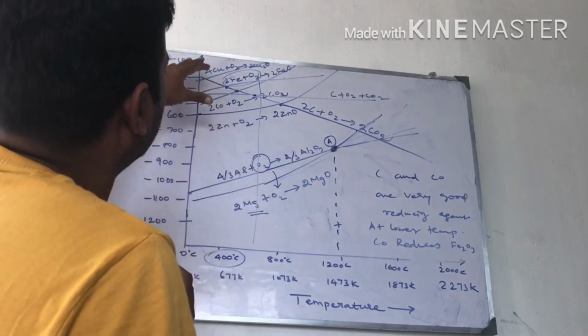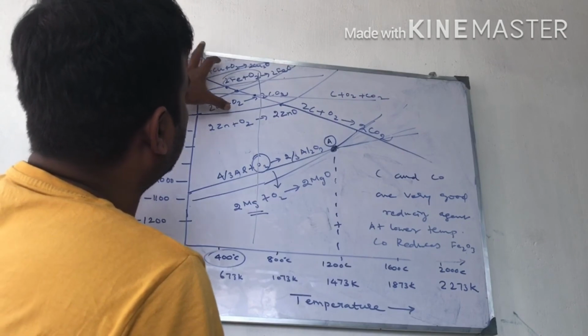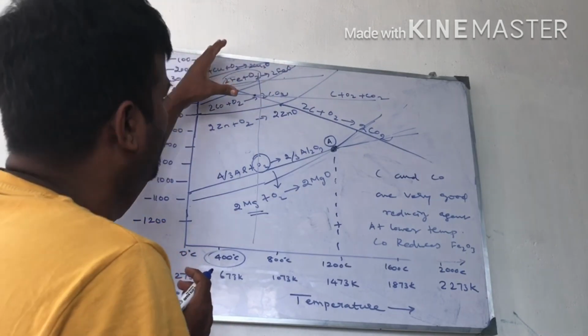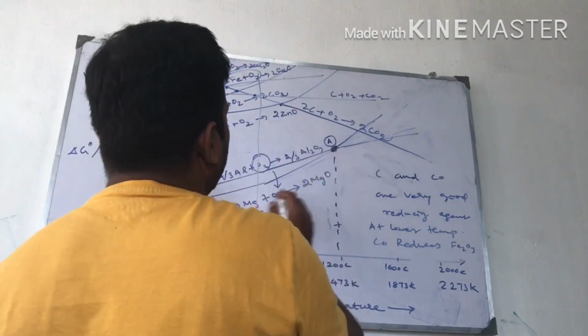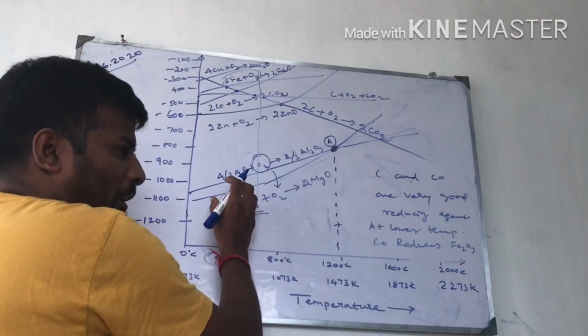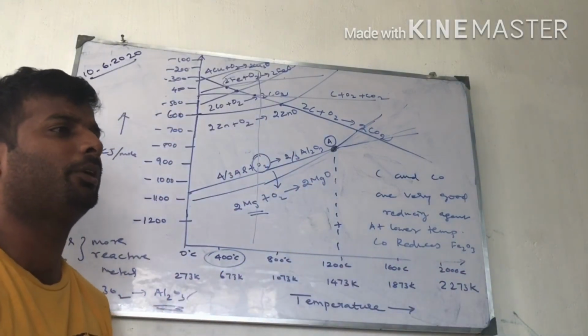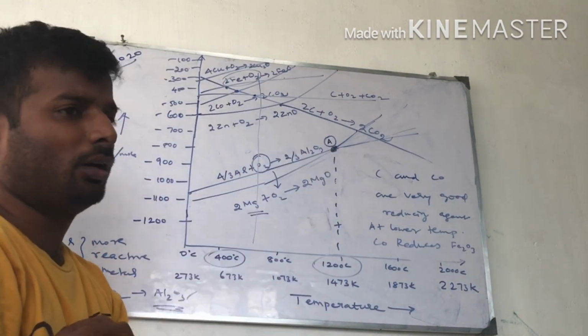To recall the first point: at the top of the diagram, the metal oxides are unstable and highly reactive. At the bottom of the diagram, the metals are highly reactive, so they react with oxygen to form metal oxides with strong bonds between them, and more heat is required to reduce them.